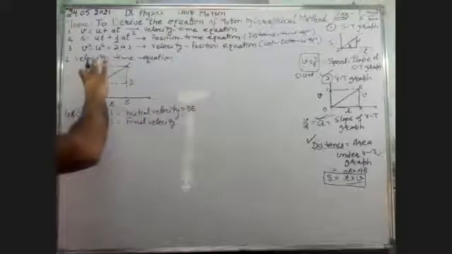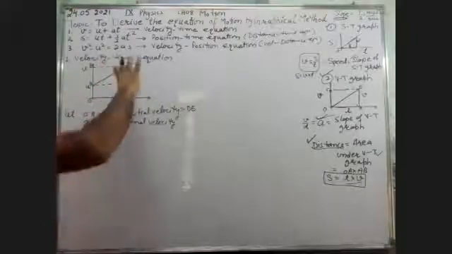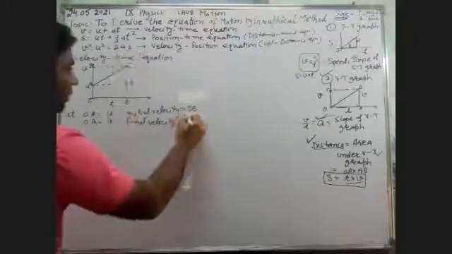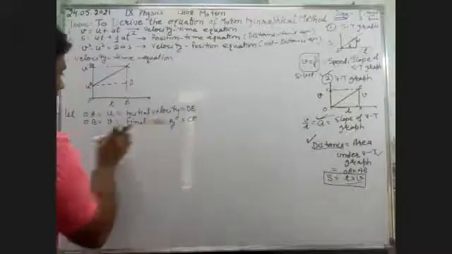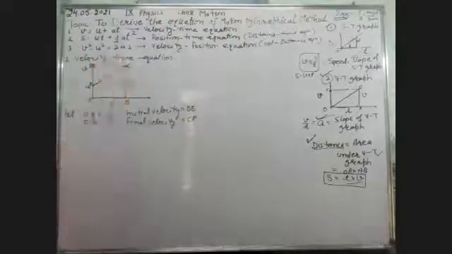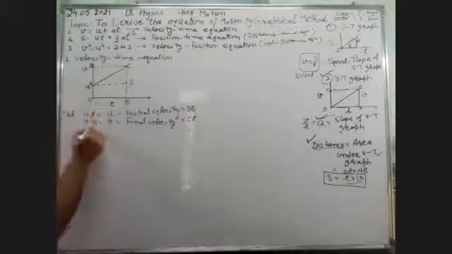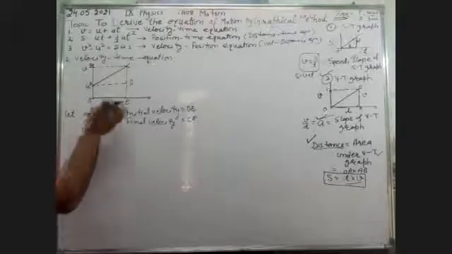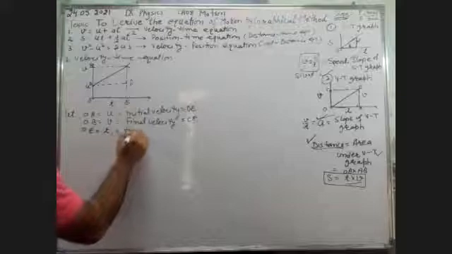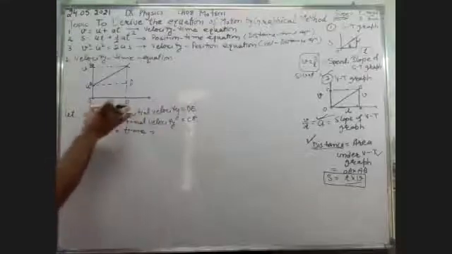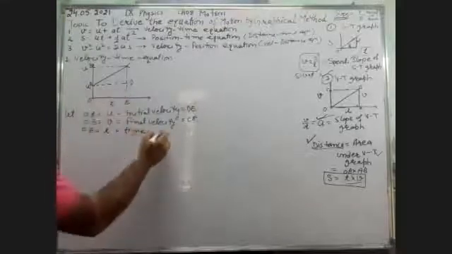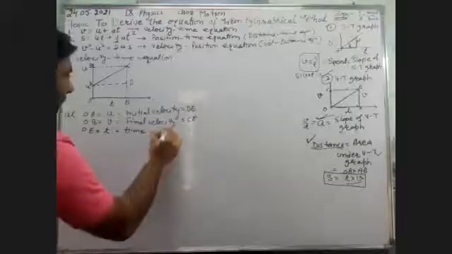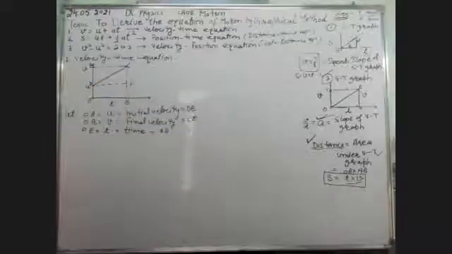If OB is equal to v, CE will also be equal to v, since opposite sides are equal. Let OE be equal to t, the time taken. Then the opposite side of OE is AD, so AD will also be equal to t.